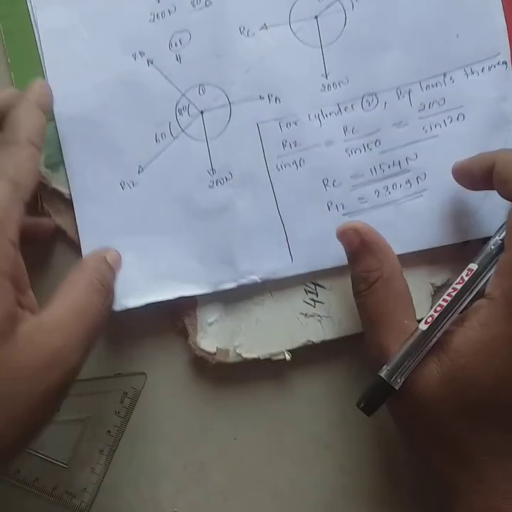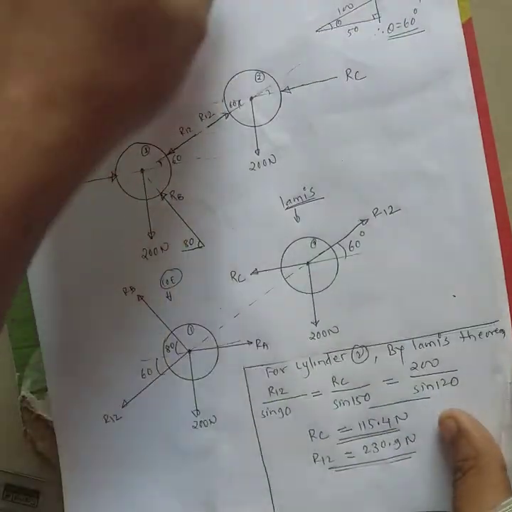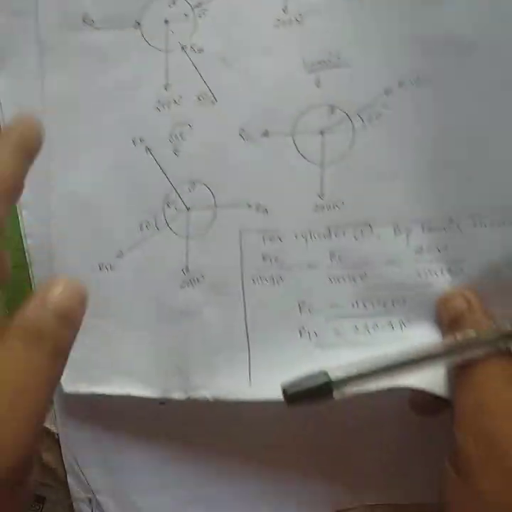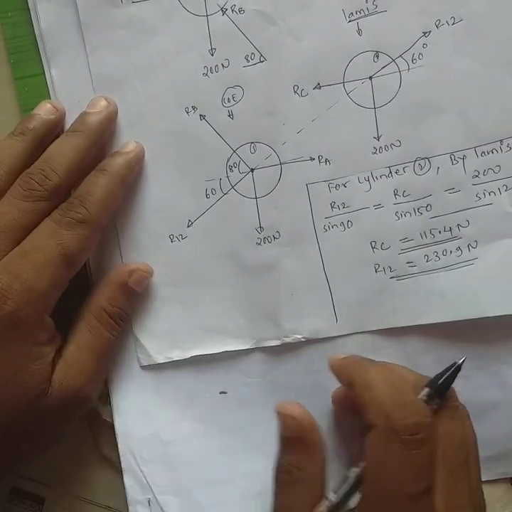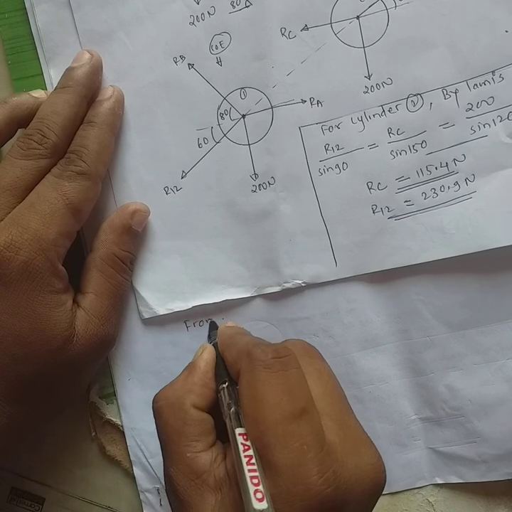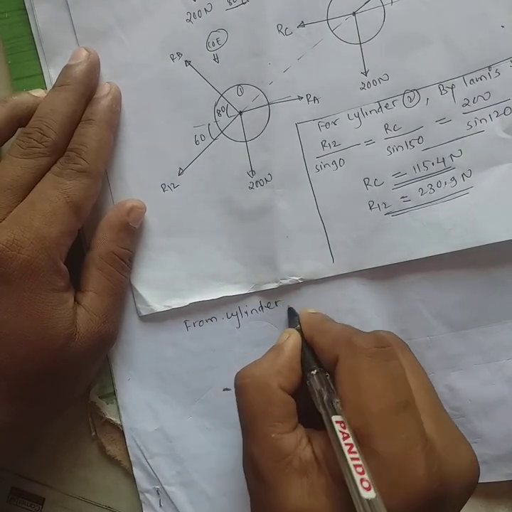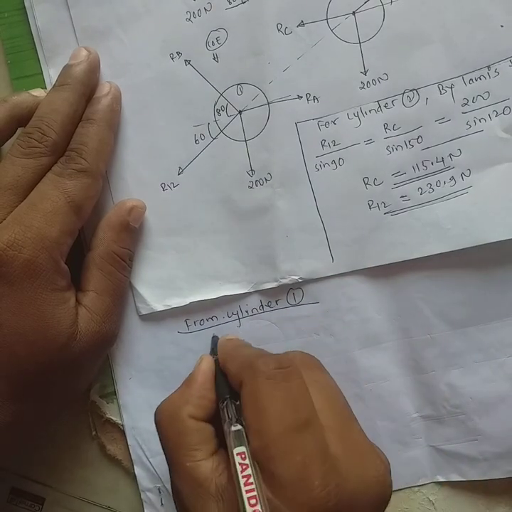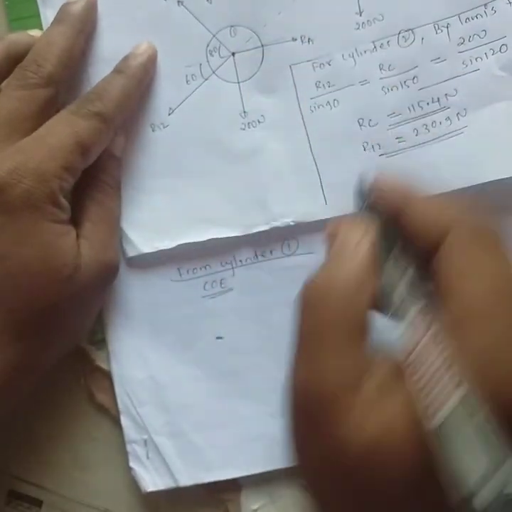Okay, similarly for cylinder number 1, from the conditions of equilibrium, you take summation of Fx equals 0.